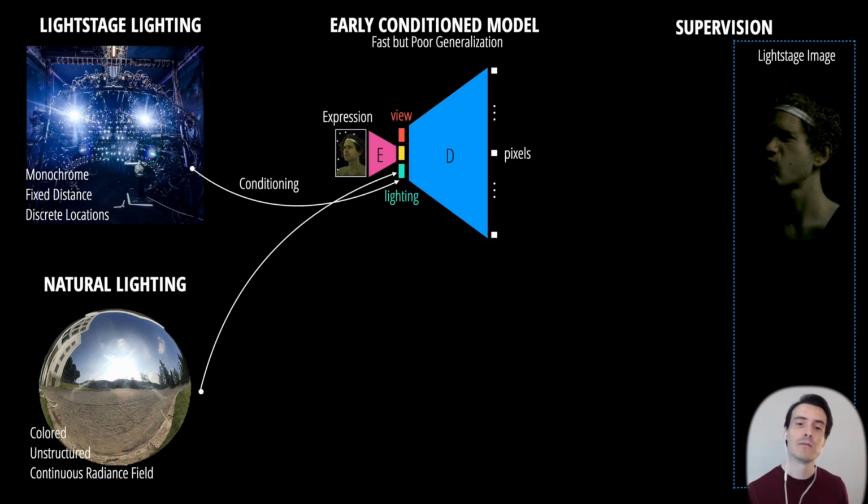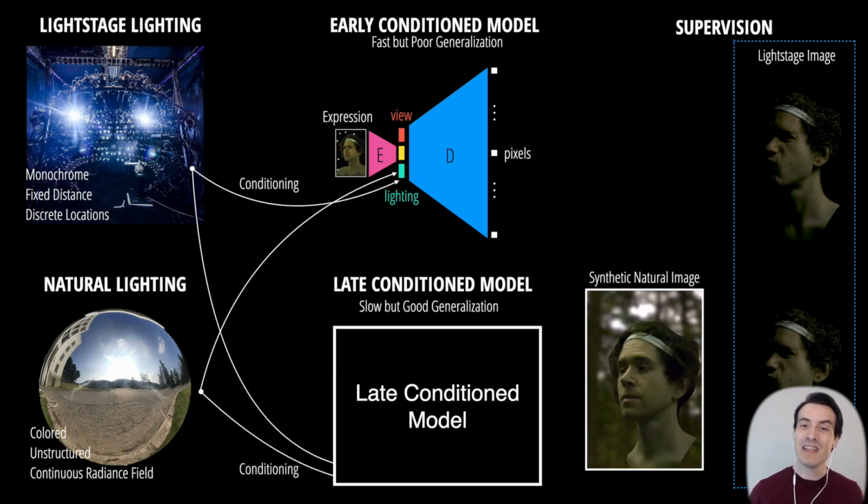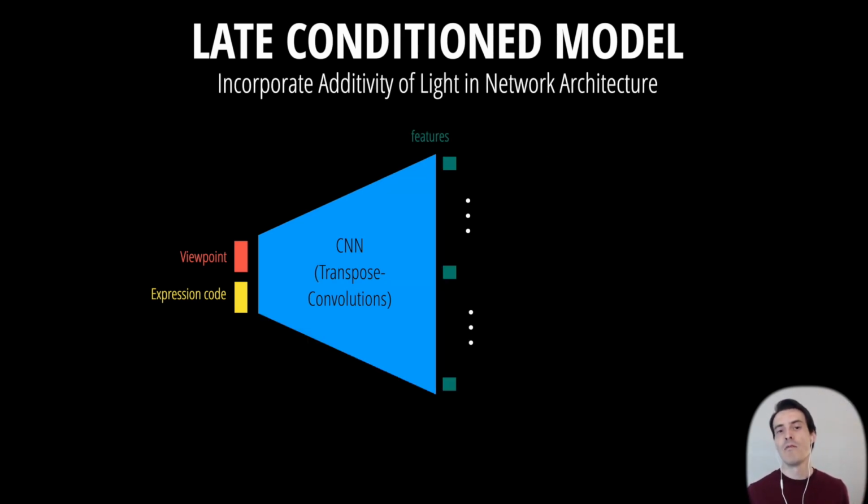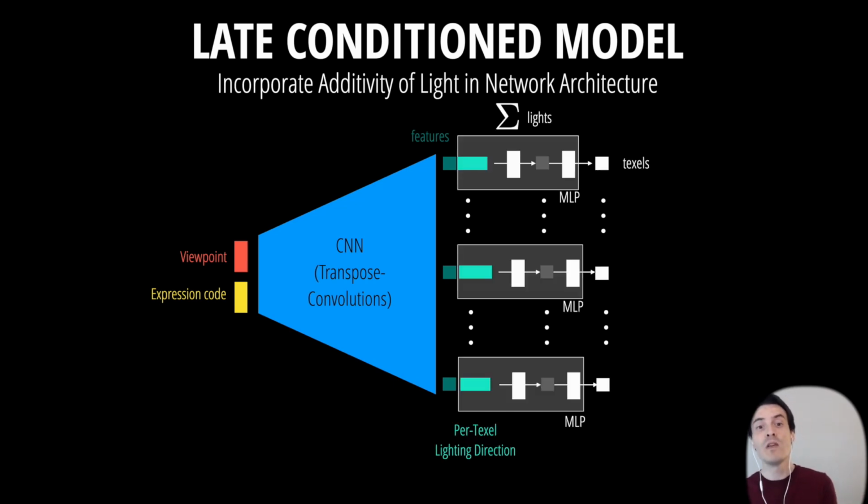So that's very different. So instead, we're going to introduce a different model, which we call late condition, which has better generalization. So compared to the early condition model, where the light information is input at the beginning of the CNN, the late condition model is going to condition light information towards the end of the network, right before you produce the color of each texel.